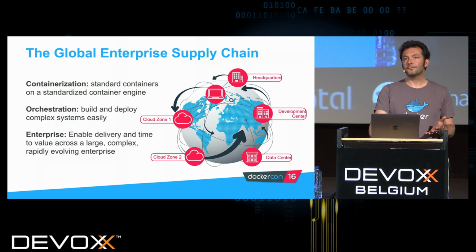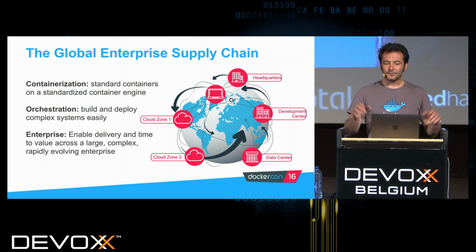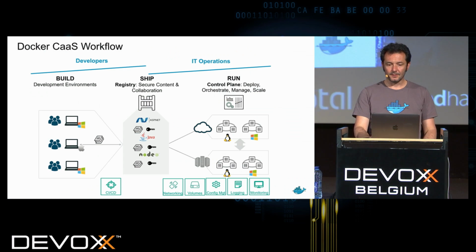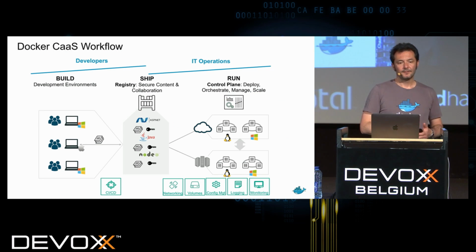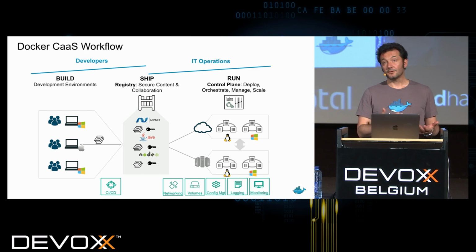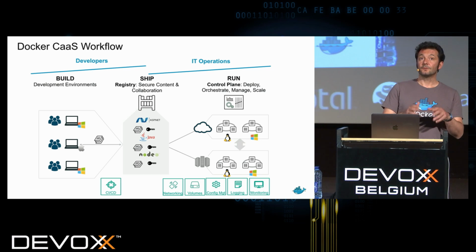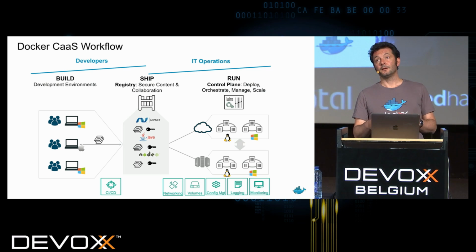And the goal of our offering is really to help enterprises manage the whole software supply chain. So what a CAS workflow looks like for build, ship, and run: on the client side you have the Docker tools, Docker for Mac, Docker for Windows or Linux. You're using that to create your applications in the form of Docker images.